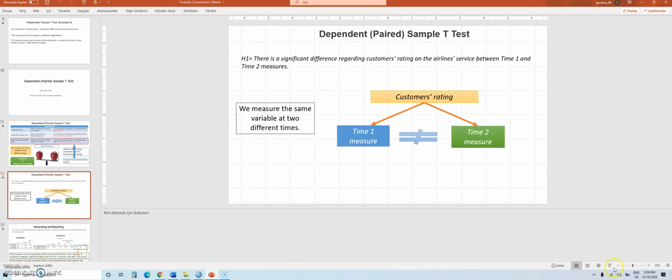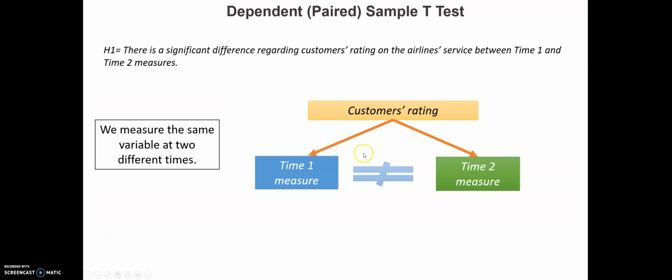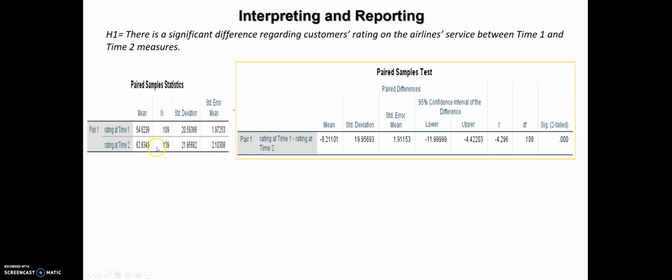So let's go to PowerPoint. We have Table 1, which is about the sample statistics. As you can see, we have a mean for the time 1 measure, which is 54.62, and a mean for the second time, which is 62.83. So my question is whether this difference is significant or not.